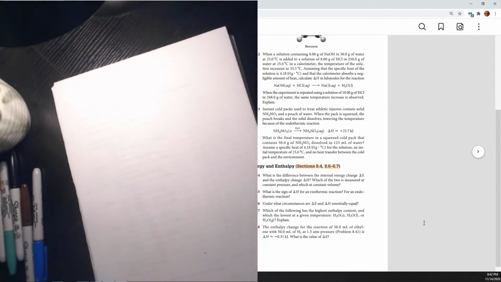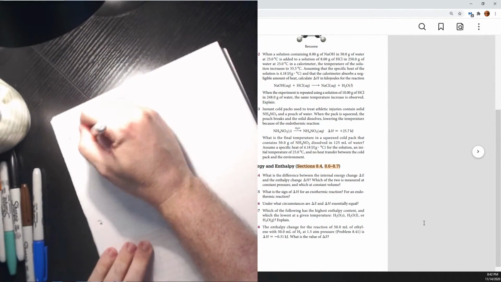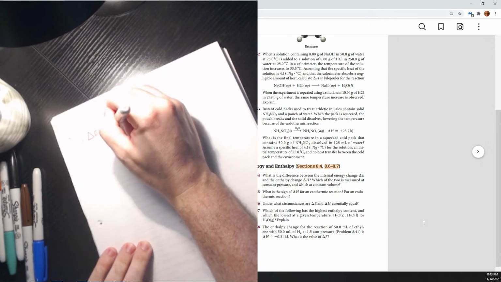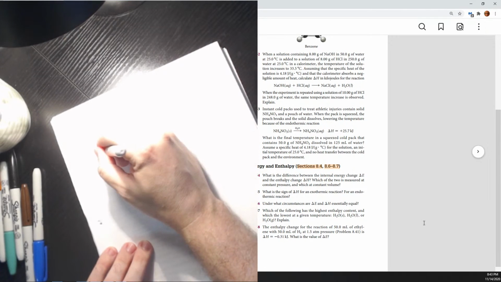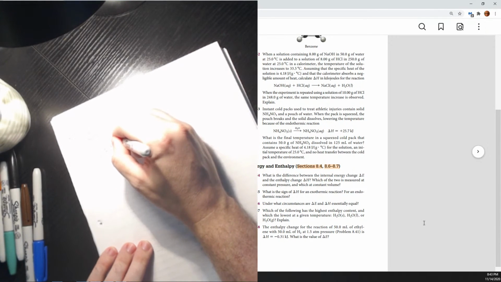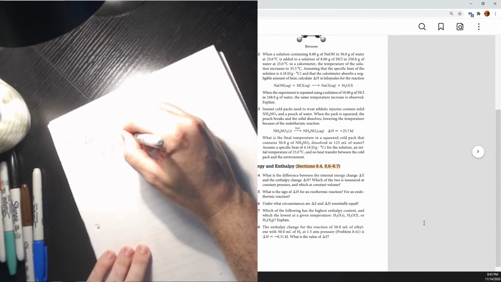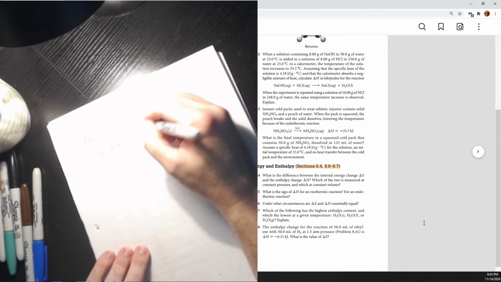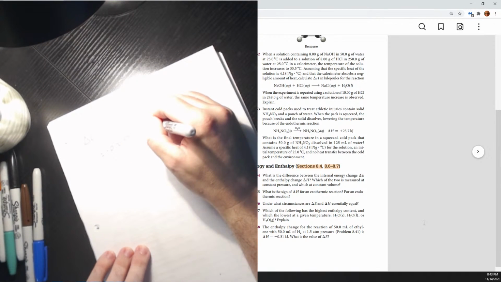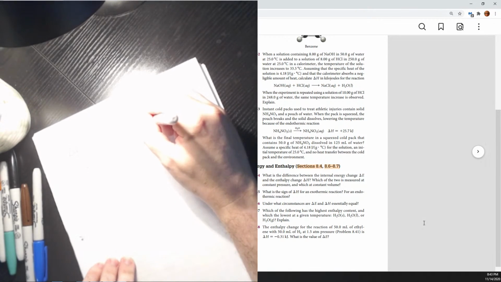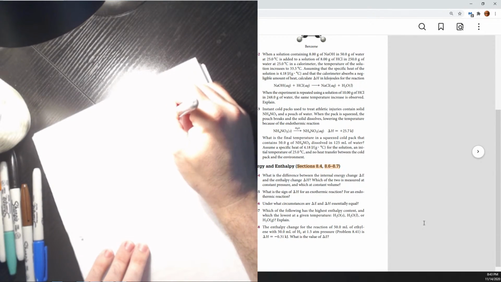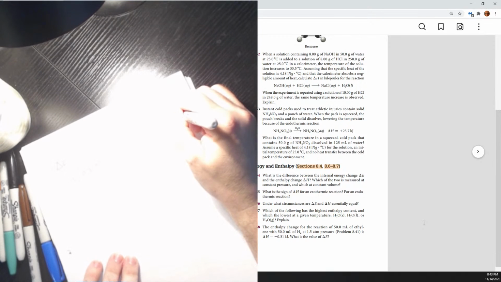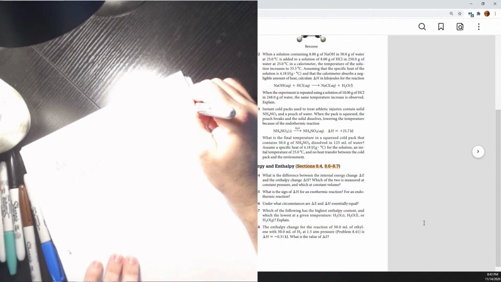All right. Delta E equals delta H minus P delta V, equals negative 0.31 kilojoules minus 1.5 atmospheres times 0.05 liters times 101.325 joules per liter atmosphere.